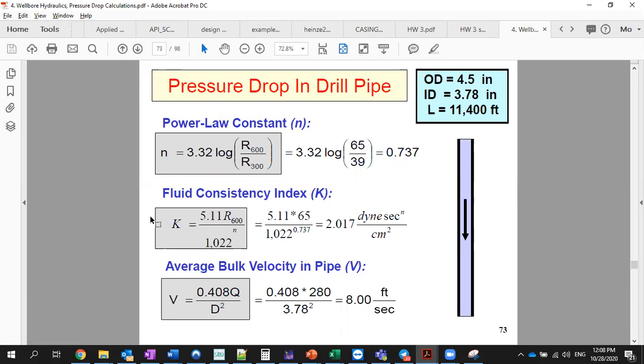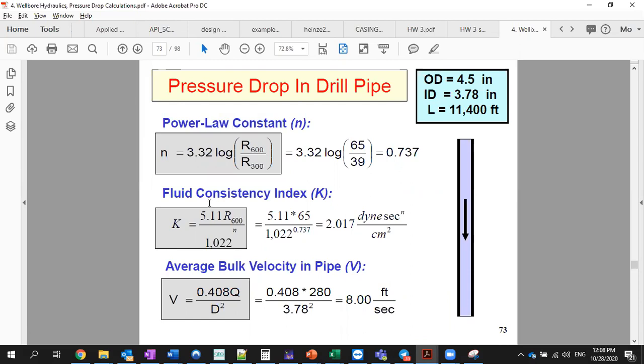So basically, your first step is to calculate the properties of your drilling fluid in terms of rheology. Now, power law fluids are n and K, right? And for Bingham plastic, you would need to calculate the plastic viscosity and what else? The yield point, right? So that's the first step you do.